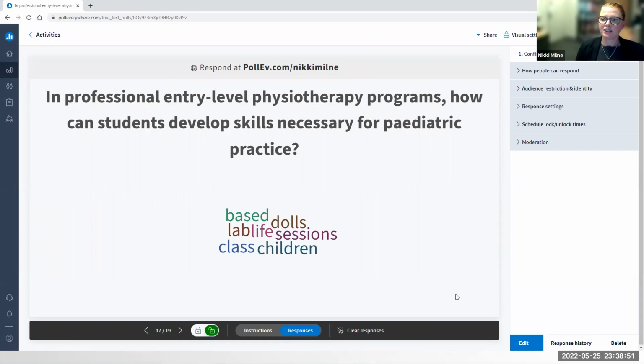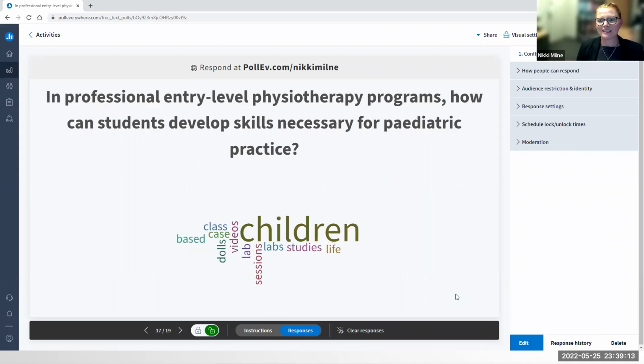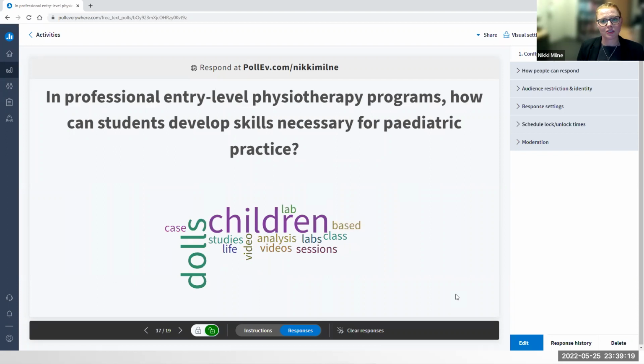So in professional entry-level physiotherapy programs, how can students develop necessary skills for paediatric practice? Just give you, because this one you've got to type some words into it, I'll just give you some time to have a think about multiple options so you can keep answering into it.